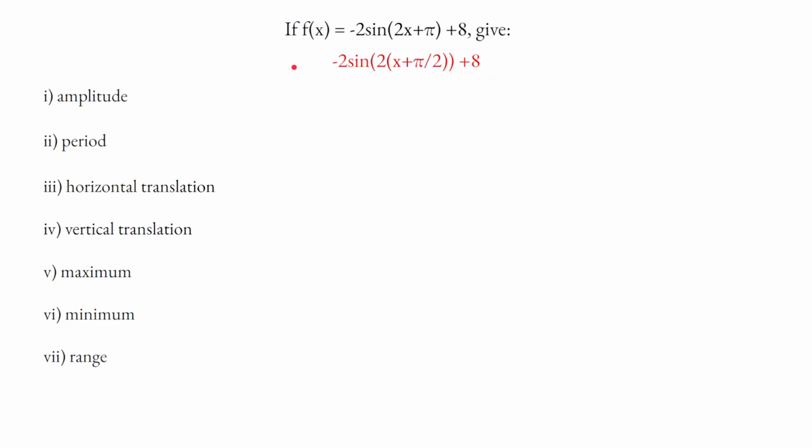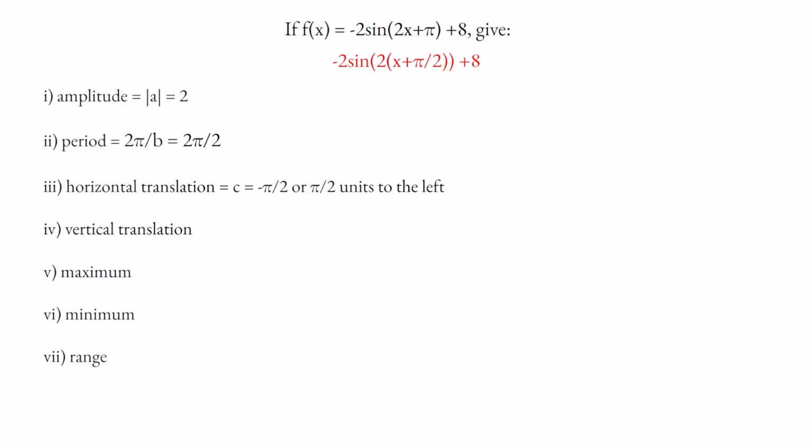Now, remember that the amplitude is simply the absolute value of a, so the amplitude is 2. The period is 2 pi over b, so we have 2 pi over 2, which gives us pi. Now, the horizontal translation is simply equal to c, which is negative, so it's negative pi over 2, or pi over 2 units to the left.